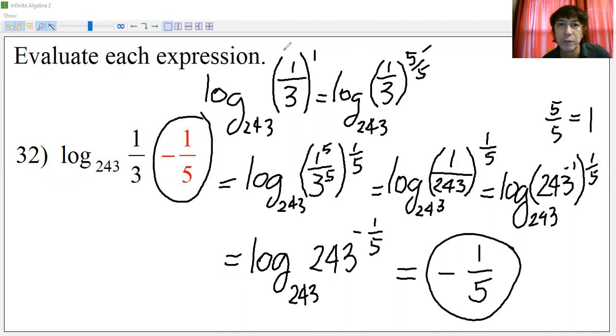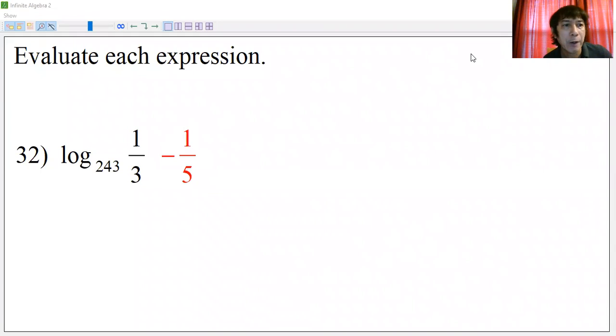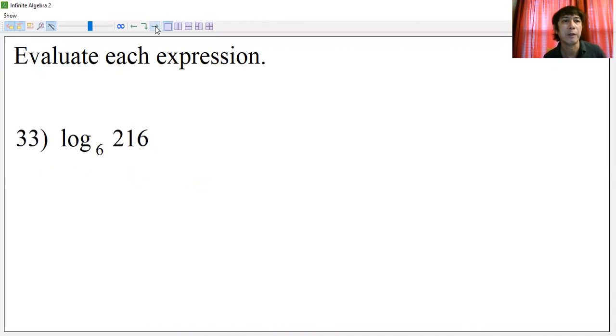All right, let's continue with number 33. Let me just clear the board. All right, so we clear, and then we proceed to removing the answer, and we continue with 33. All right, here's 33. This one is rather simple, okay? This looks like +3 only. The base is small.